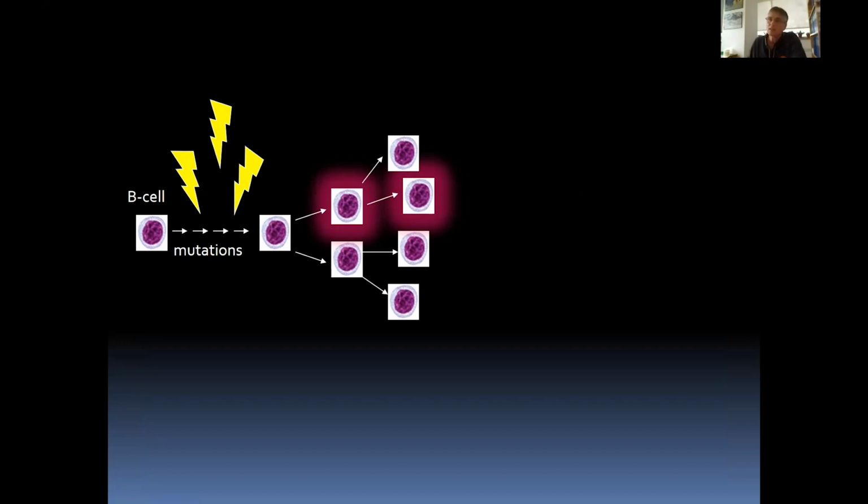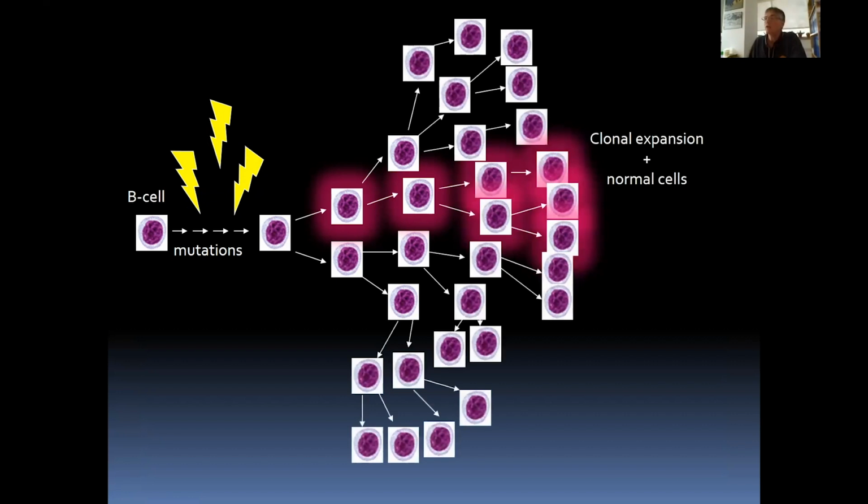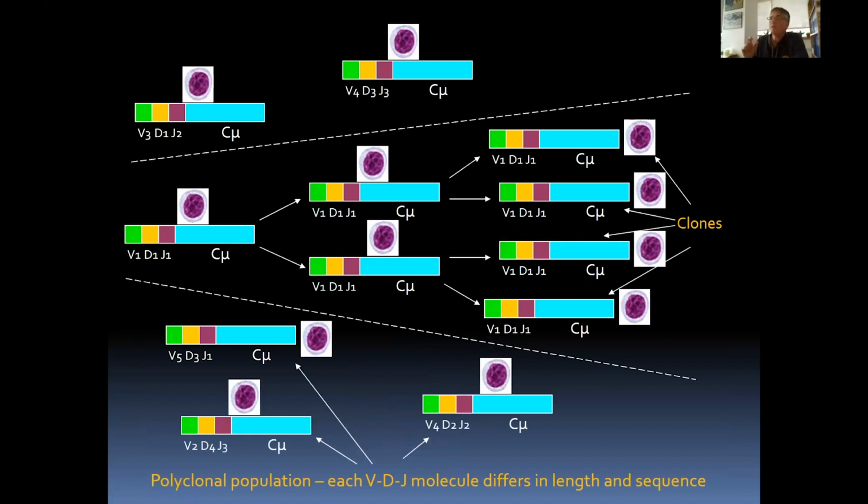Therefore, some mutations will give growth advantage to that cell, which will then multiply and expand to give a clonal population, marked in red here, mixed in with normal polyclonal B lymphocytes. And it's exactly the VDJ fingerprint that allows us to follow and study the clone, the predominant clone present in the general population of B lymphocytes.